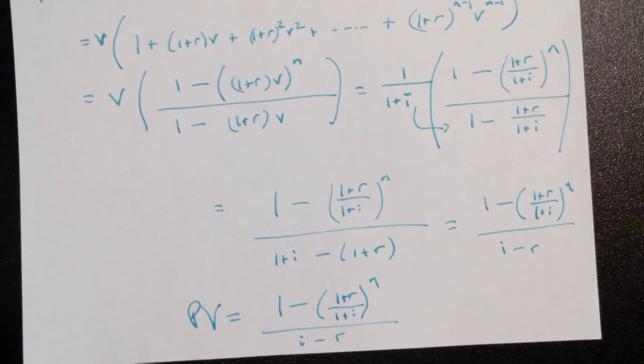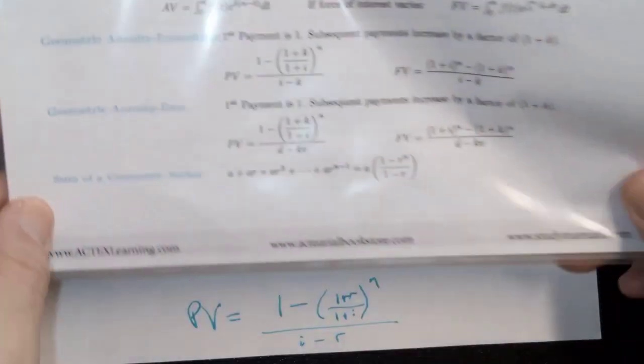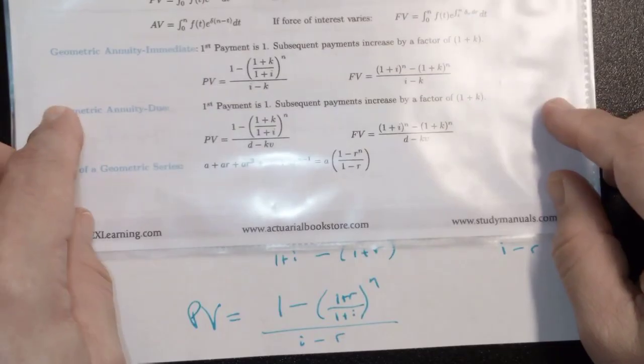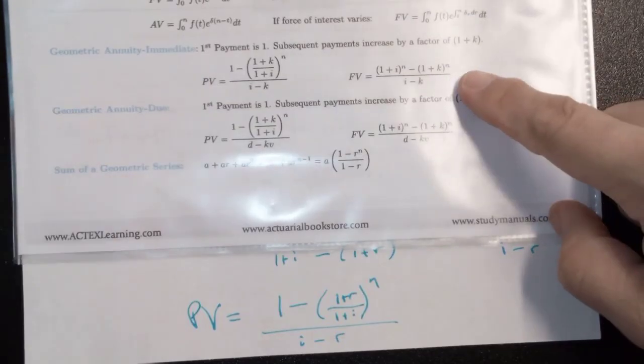Now, again, 3 cheers for the ACTEX sheets, because the bottom of page 2, this formula is on the annuity sheet, right here.